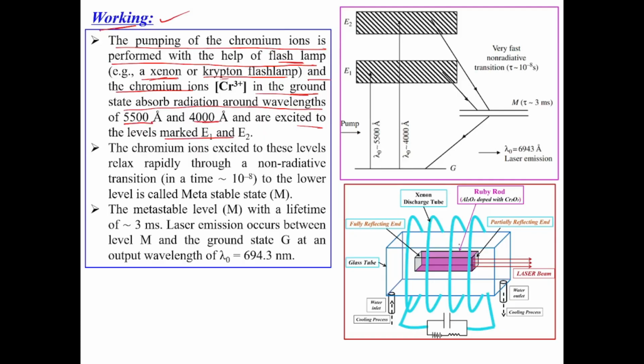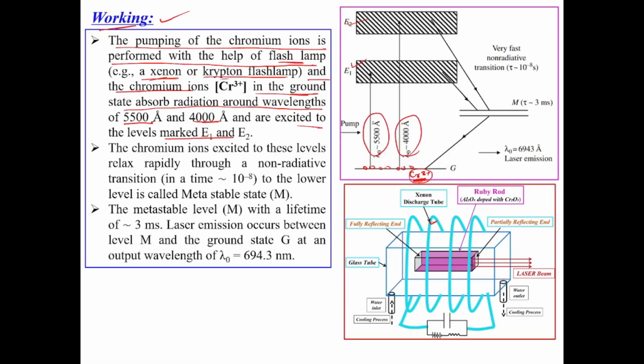So the chromium atoms which are at the ground state will be activated by this xenon flash lamp and moved to either this level or this level. This chromium atom can absorb this wavelength or that wavelength of energy.